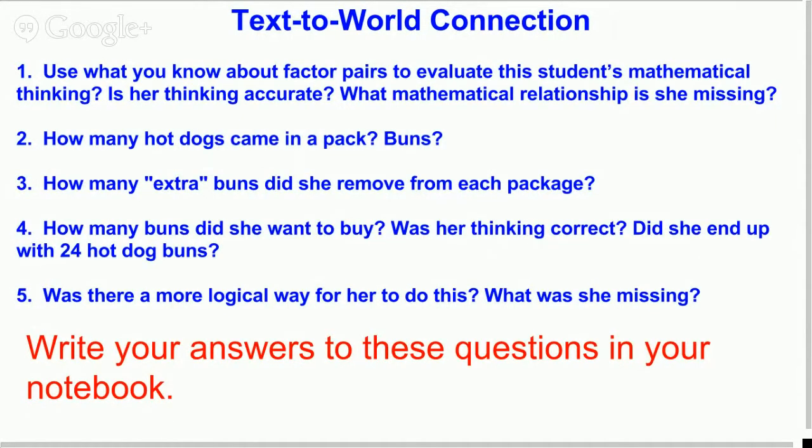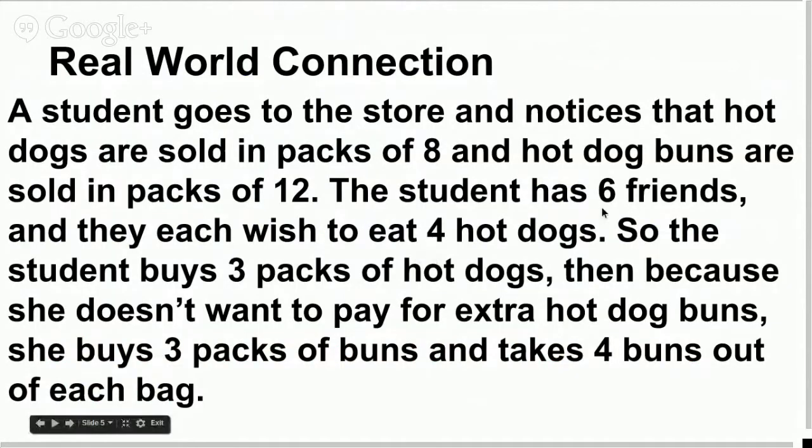So instead of taking 4 buns out of each of the 3 packs, she should have just bought 2 packs, because then she would have had 24 buns and then 3 packs of hot dogs, so that she had 24 hot dog buns.